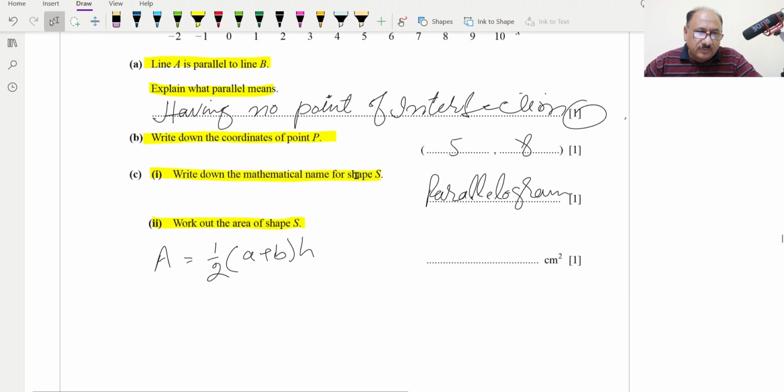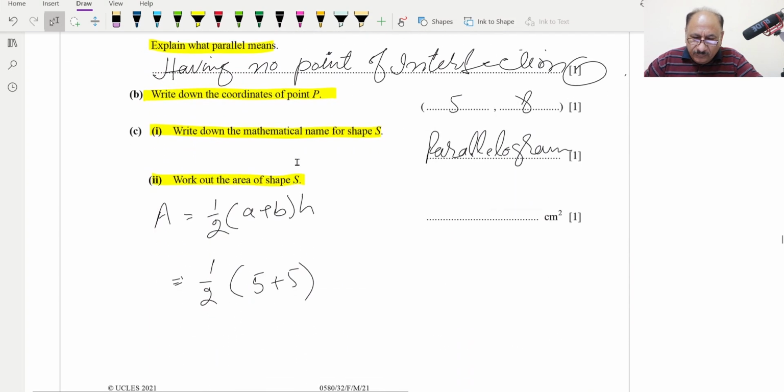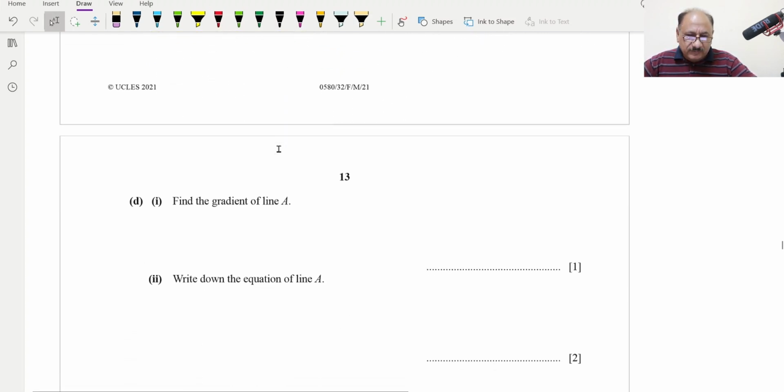I'm using trapezium formula. So this will be equal to 1 by 2 into one side is 5, the other side is also 5. If you can check, this side is 5, this side is also 5, and height you can take perpendicular height, which is 3 units. So h will be 3, and this will be equal to 30 divided by 2, which is equal to 15. So answer will be 15. 1 mark question. We are done with this.